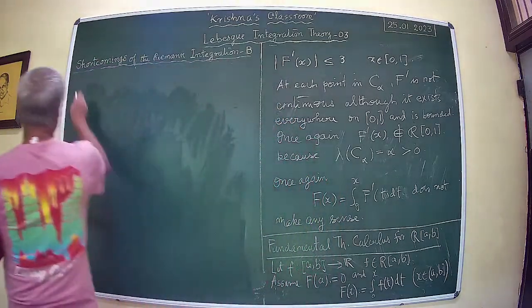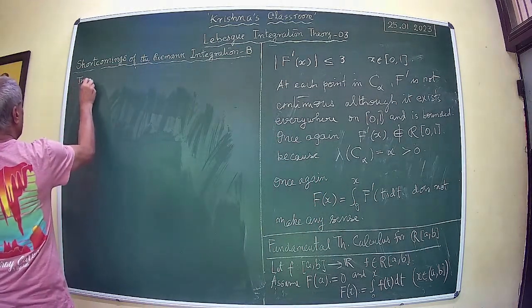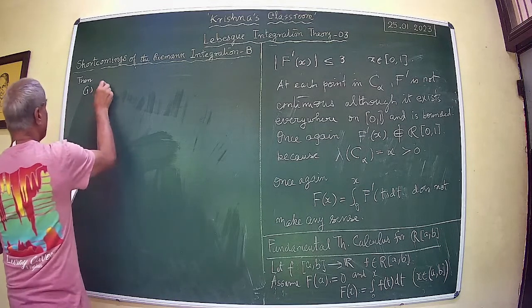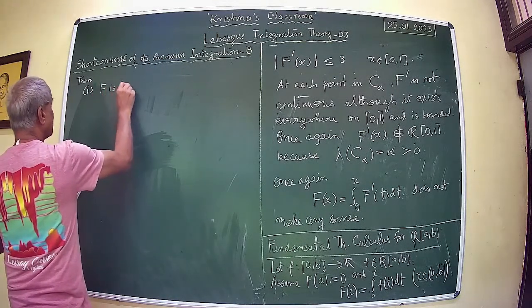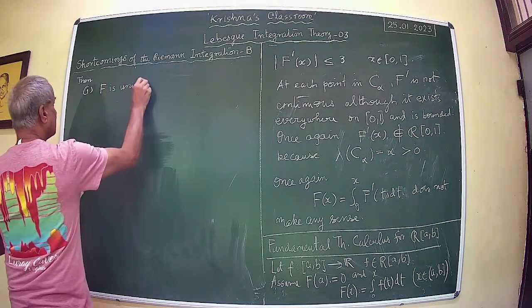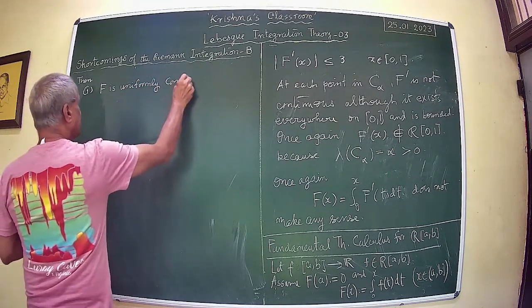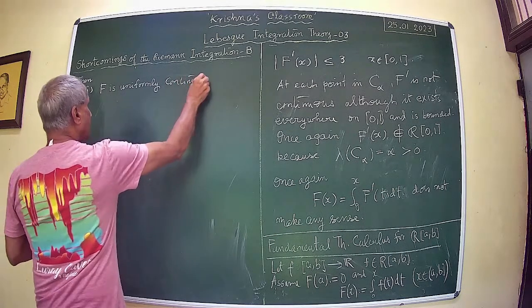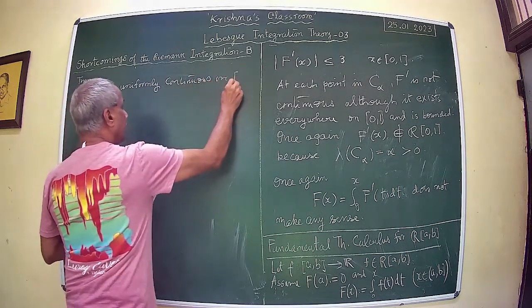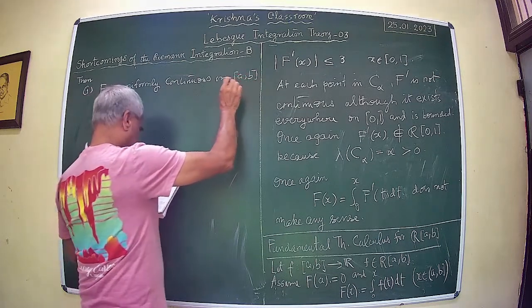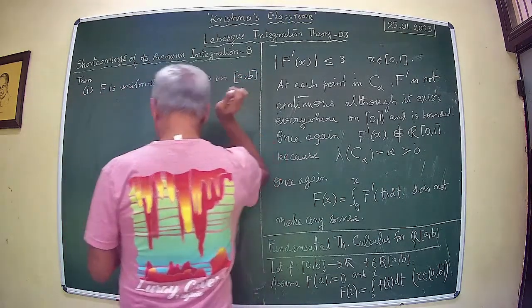Then what we can prove is this. First one, F is uniformly continuous on AB.